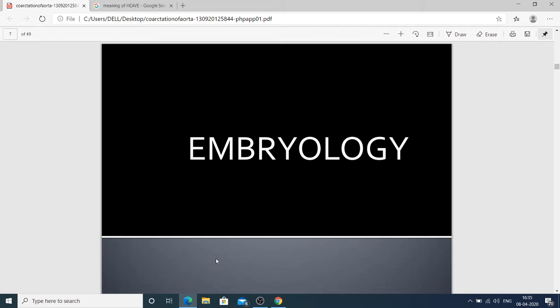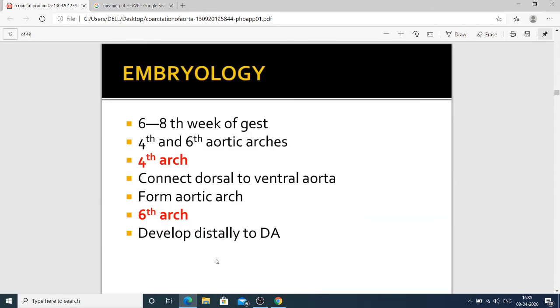Next is embryology. What happens during the time of development of the fetus? At the time of the 6th to 8th week of gestation, the 4th and 6th aortic arches develop.